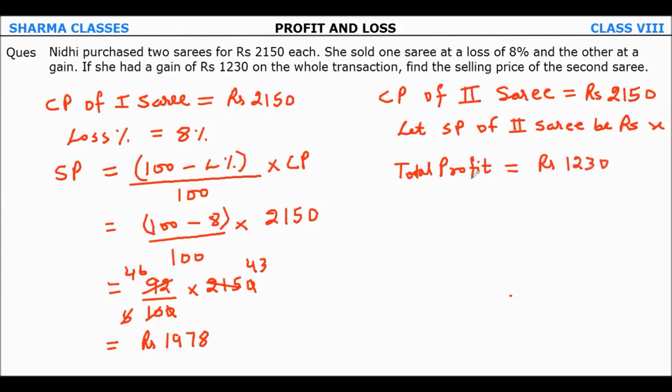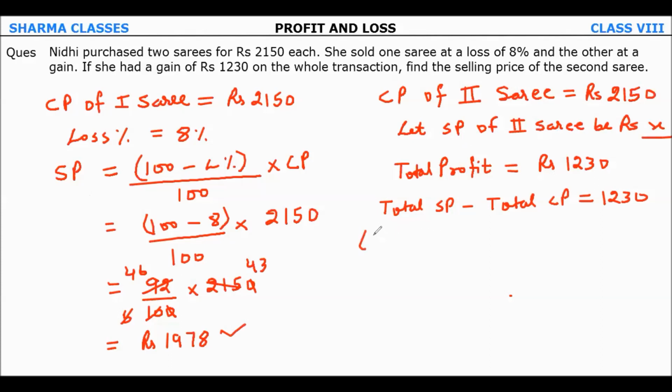Now, we know total profit means total SP minus total CP. Now to find the total SP, what we can do, SP of first saree, which is 1978, and SP of second saree, which is X.